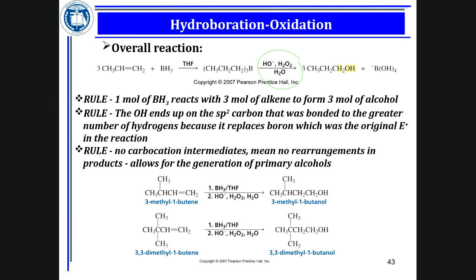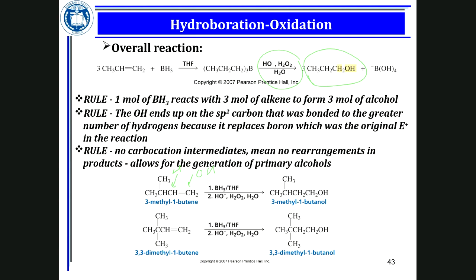So BH3 THF, the first step is going to give you that alkyl borane or trialkyl borane, and the second step is going to give you the alcohol. So what you need to know, the net result, is addition of OH to the least substituted carbon and addition of hydrogen to the most substituted carbon.